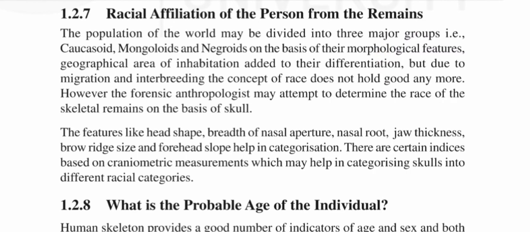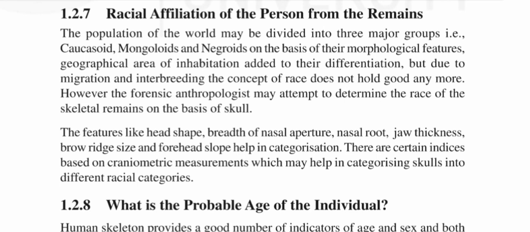The population of the world may be divided into three major groups, that is, Caucasoid, Mongoloids, and Negroids. On the basis of morphological features, geographical area of inhabitation added to their differentiation, but due to migration and interbreeding, the concept of race does not hold good anymore.